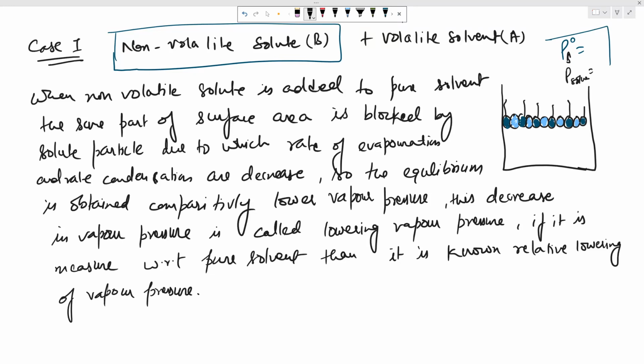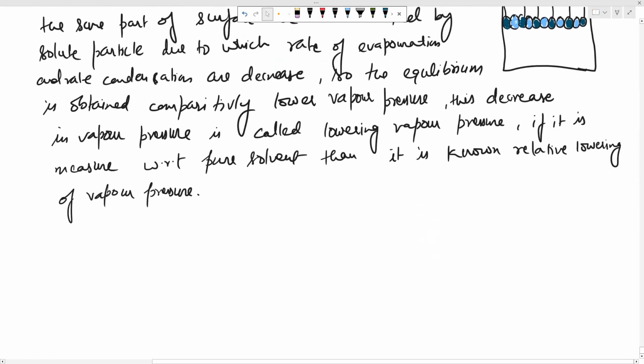For example, if it was 3 and now it is 2.5, then the difference between the previous one and the recent one is known as relative lowering of vapor pressure. You understood? Yes, sir.